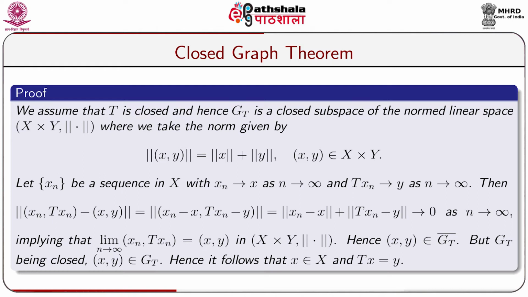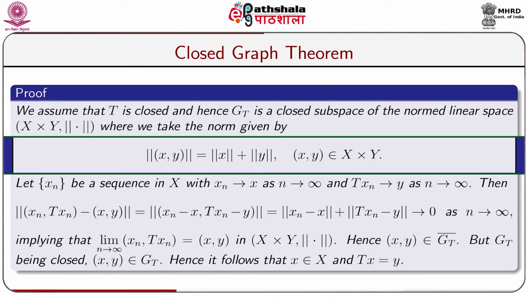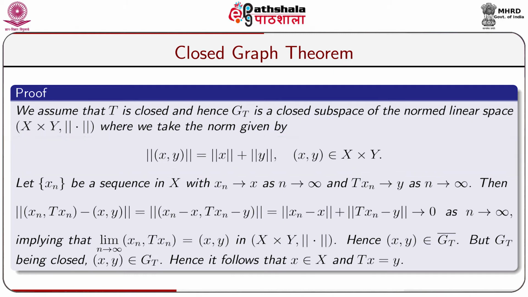Now we are going to prove this theorem. We assume that T is closed and hence G_T is a closed subspace of the normed linear space X cross Y, where we take the norm given by norm of the pair (x, y) equal to norm x plus norm y, where the pair (x, y) is taken from X cross Y. Let x_n be a sequence in capital X such that x_n goes to x as n tends to infinity and T x_n goes to y as n tends to infinity.